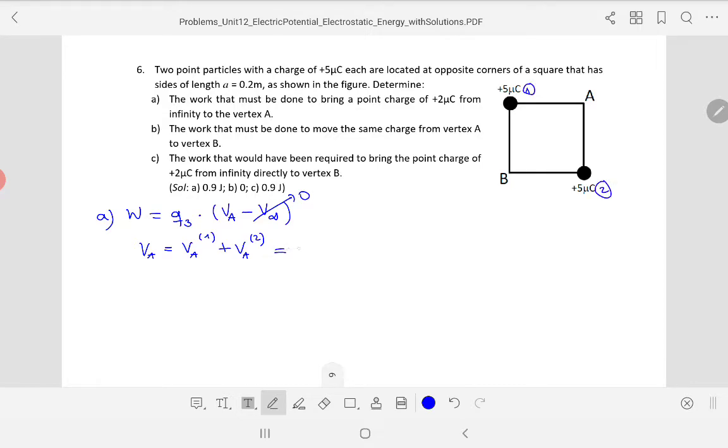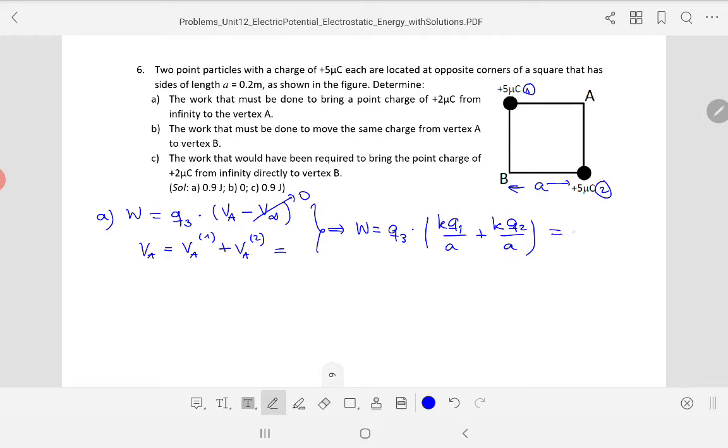So this is going to give you that the work is going to be Q3 times KQ1 divided by the length of the side, which we call A, plus KQ2 divided by A, which is the electric potential at point A due to point charge 2.